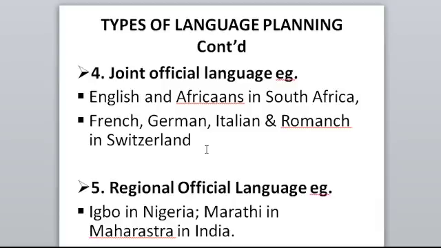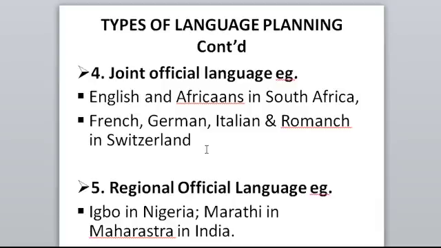Now, let's come down to regional official languages. This is about the languages that have been destined to be authentic for a particular region, that is by law. A typical example is Igbo in Nigeria.